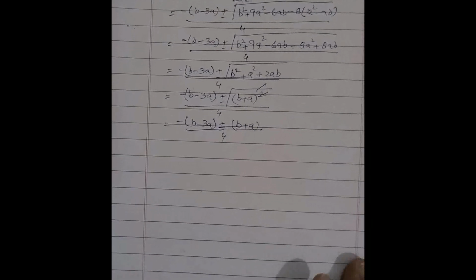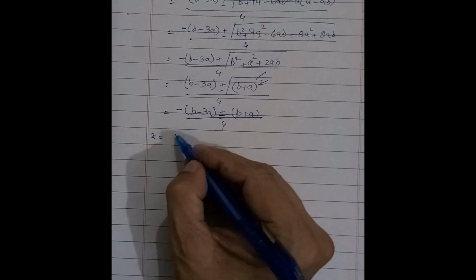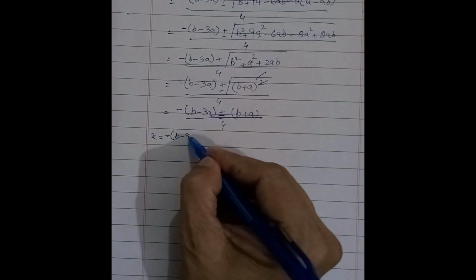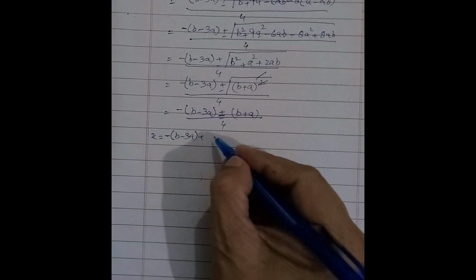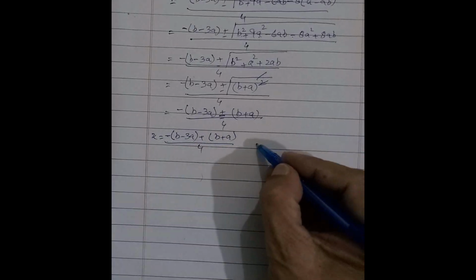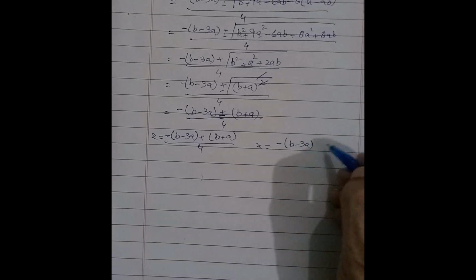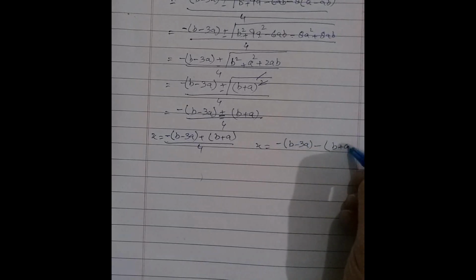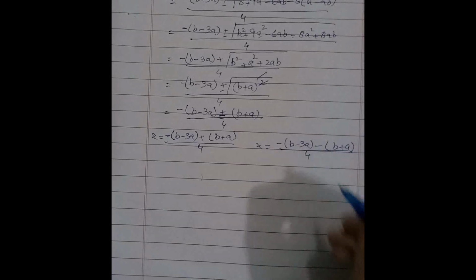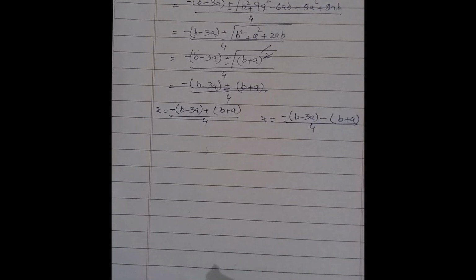We get (b plus a) over 4. Now we find the two values of x, which are x is equal to minus (b minus 3a) plus (b plus a) over 4, and x is equal to minus (b minus 3a) minus (b plus a) over 4. Now simplify these values.